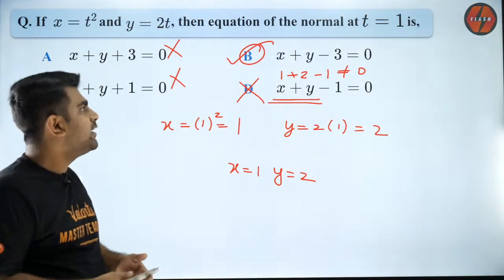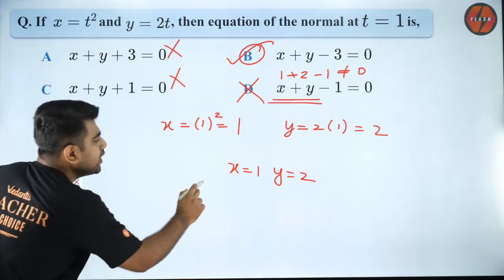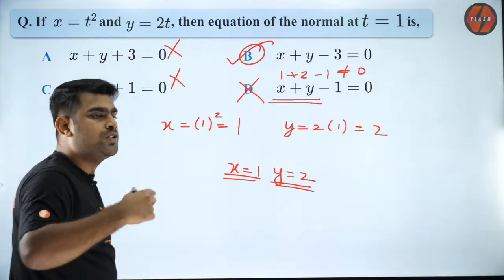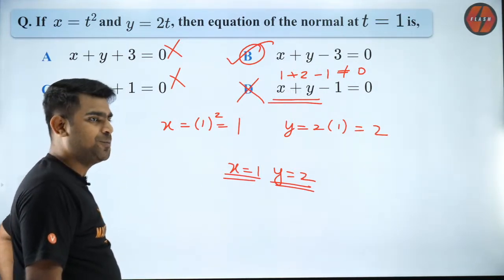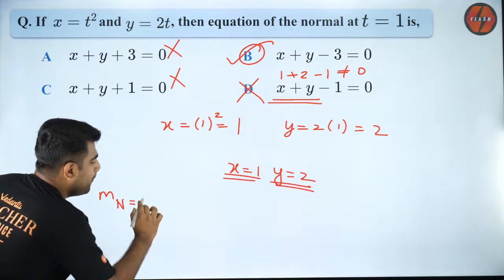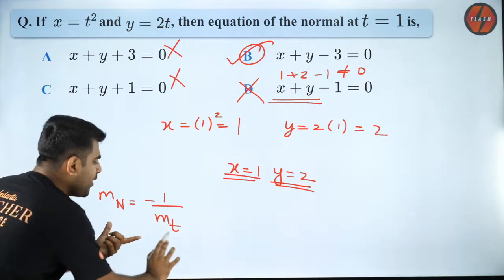Okay. Now how to solve it in the correct manner? I have got the point, so I need the slope to find the equation. So how do you find out the slope? Slope of normal is equal to minus 1 by slope of tangent. And what is slope of tangent?